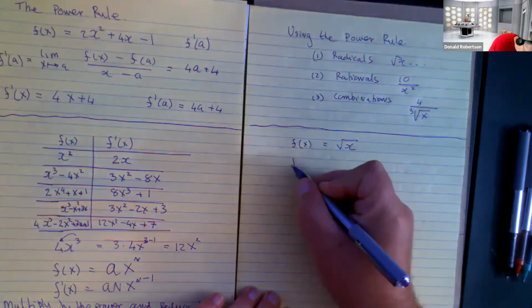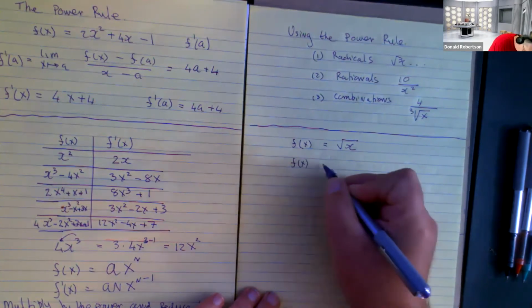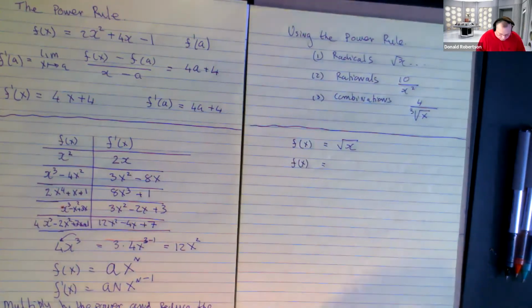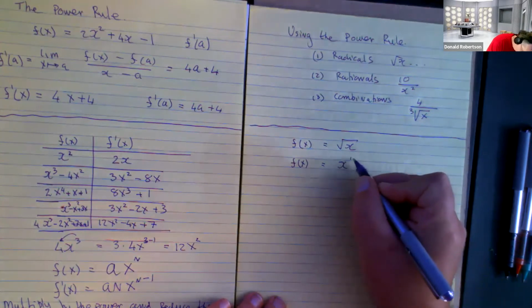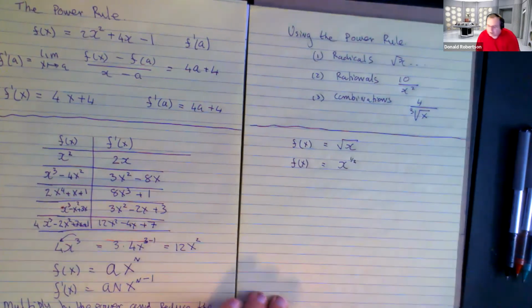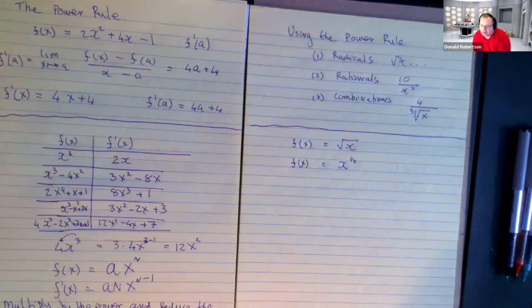Now, if I want to differentiate a function and I want to use the power rule, I have to get, guess what, a power. So I'm going to call the square root of x, x to the half. Are you comfortable that way back in the day square roots are half powers? You remember that? Cube roots are 1/3 powers, and things like that.